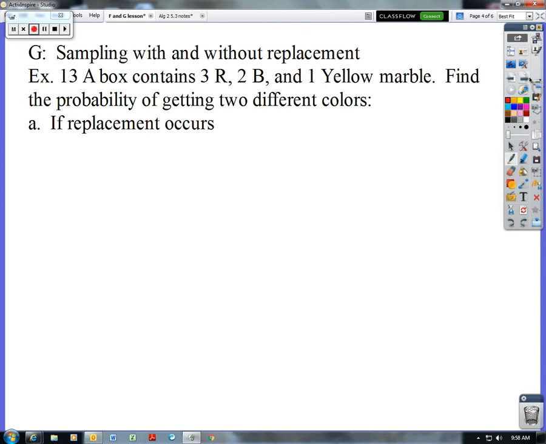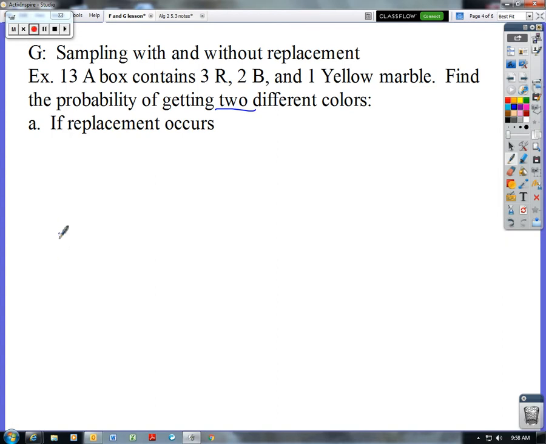We've got a box containing 3 reds, 2 blues, and 1 yellow marble. Find the probability of getting 2 different colors if replacement occurs. There's all kinds of possibilities. You can think about each one and write them all out, but I'm going to do a tree diagram, and of course I love tree diagrams. You make sure you don't miss any that way too. First we choose a marble, and it could be either red, blue, or yellow.